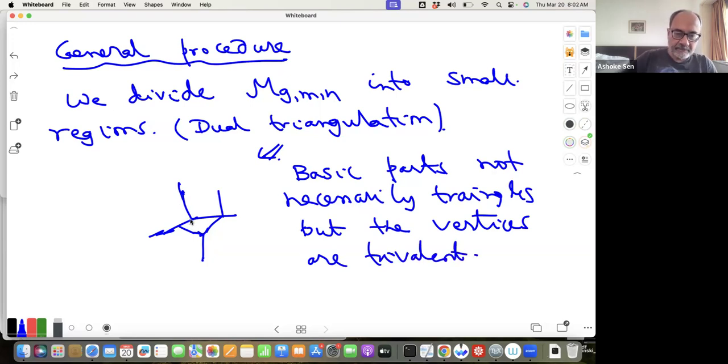You see here, at every point only 3 boundaries meet. You divide them into small regions so that at every point only 3 lines meet. It's not necessary, but it just makes life a little easier.